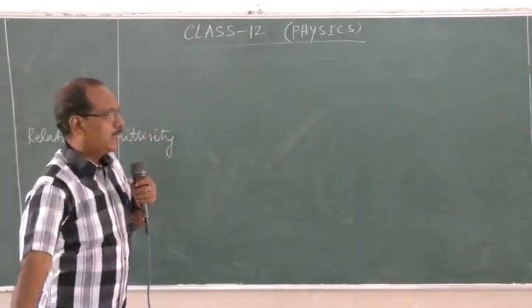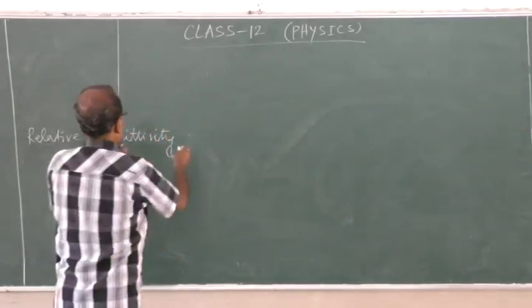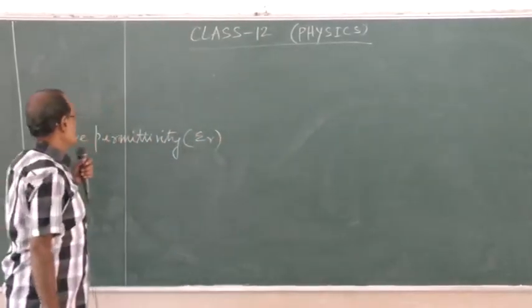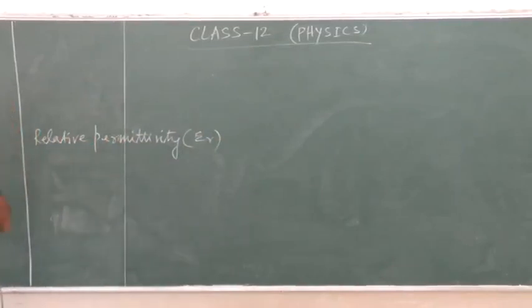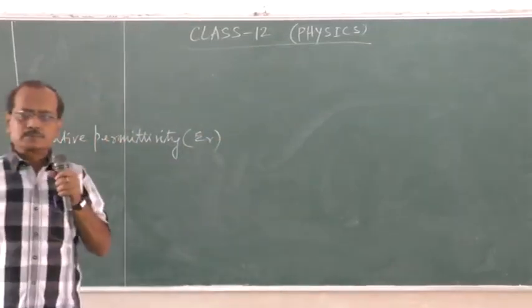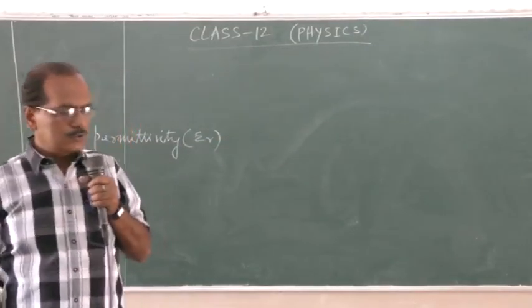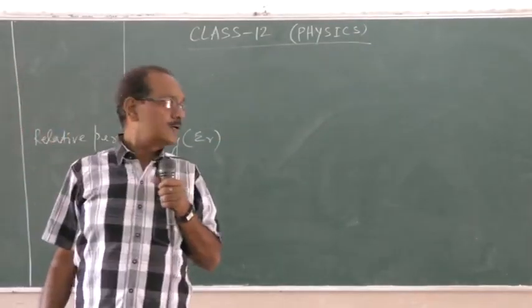This epsilon r or relative permittivity is also known as dielectric constant.